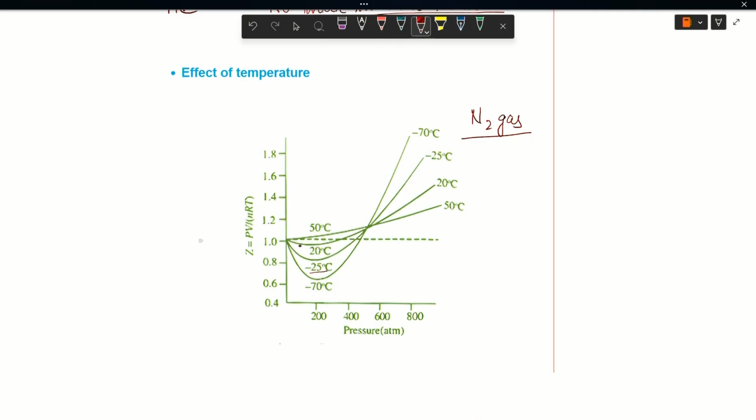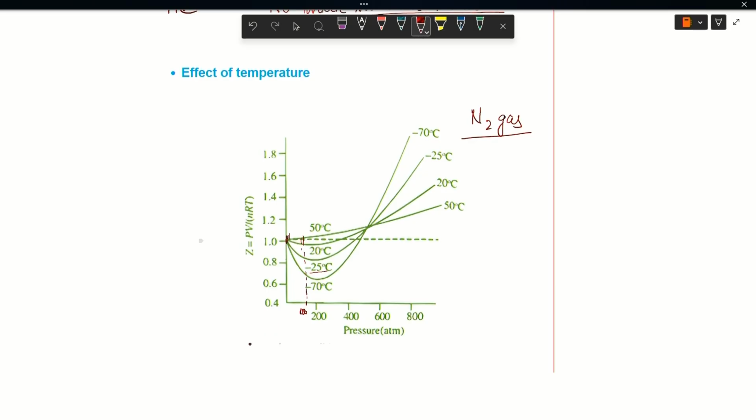Again, as the temperature increases, the minimum keeps on increasing, and at 50 degrees Celsius, you can see that for up to this range of pressure, I think it is about 100, the value will be approximately equal to 100.